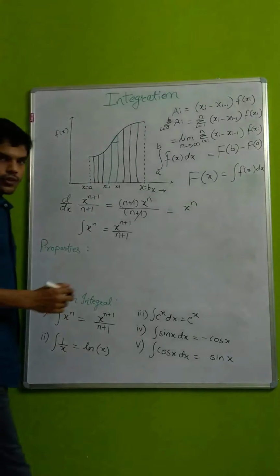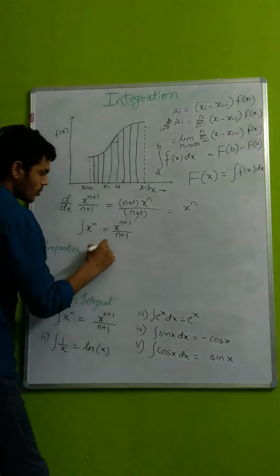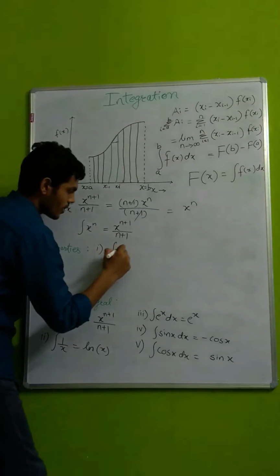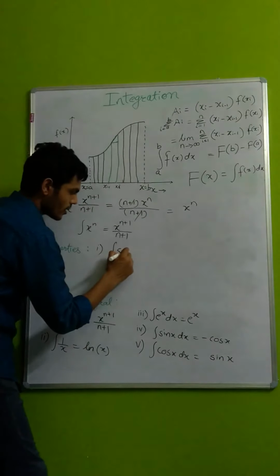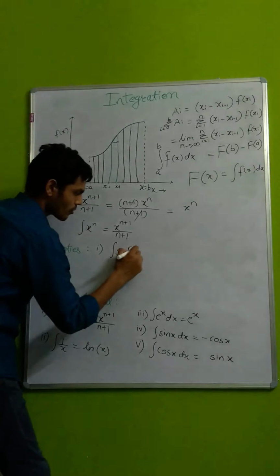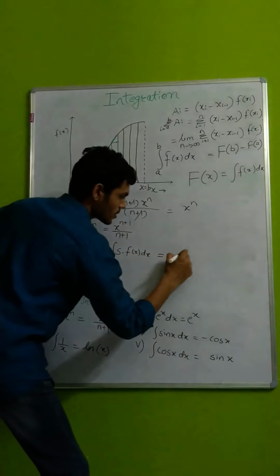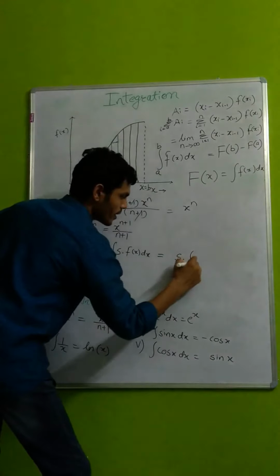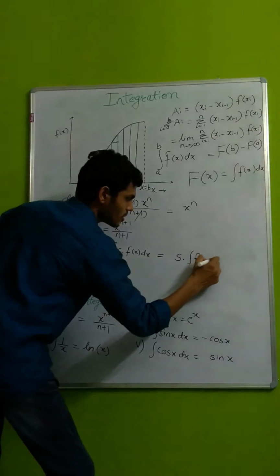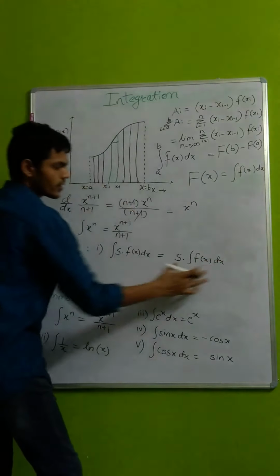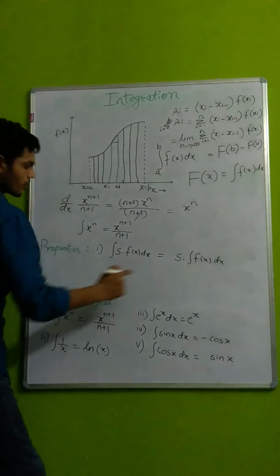Now there are properties of integration, two properties. One is if a function is multiplied by a constant and then integrated, then we can take the constant out and integrate the function as it is, we get the same result. So this is first property.